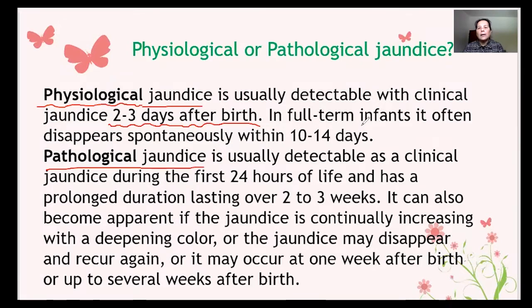And if the baby is full term, like we're talking about 10 Chinese months, 280 days, then the baby will be mature and then delivered. If these babies have jaundice, it happens after 2 or 3 days, and then it will automatically disappear in about 10 to 14 days.